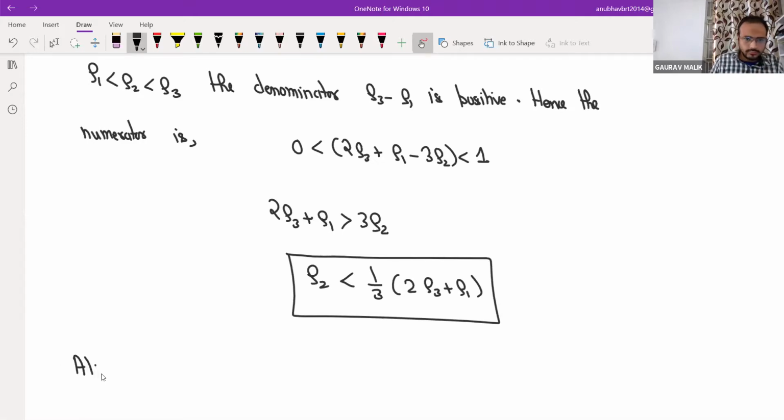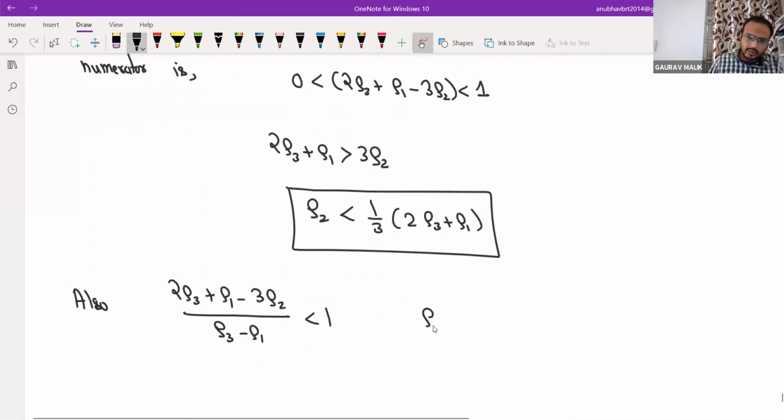And also, 2 rho 3 plus rho 1 minus 3 rho 2 divided by rho 3 minus rho 1 is less than 1. After solving it, you will get rho 2 greater than 1 by 3 rho 3 plus 2 rho 1.